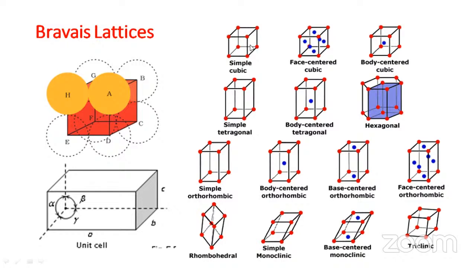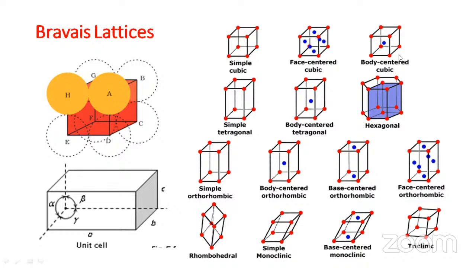So you can see that in the cubic system there are three possible variations. They are simple cubic, face centered FCC. What do you mean by FCC? Face centered cubic cell, unit cell.